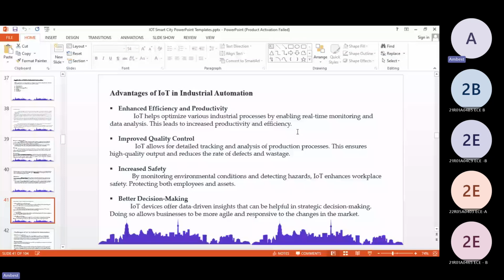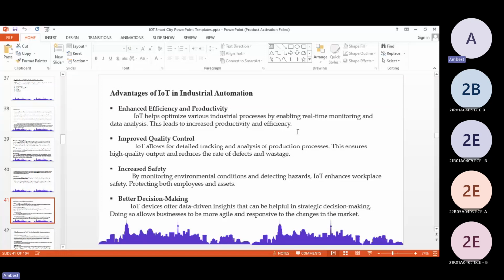And firstly, the advantages of industrial automation were four major things: enhanced efficiency and productivity, improved quality control, increased safety, and better decision making. So enhanced efficiency and productivity is about enabling real-time monitoring and data analysis, which leads to better productivity and efficiency.